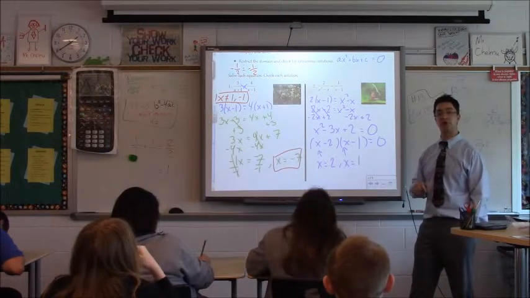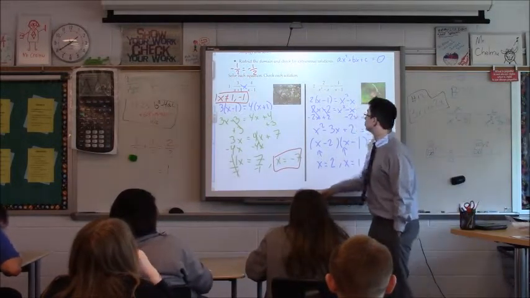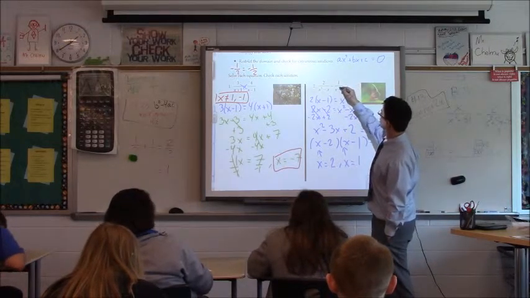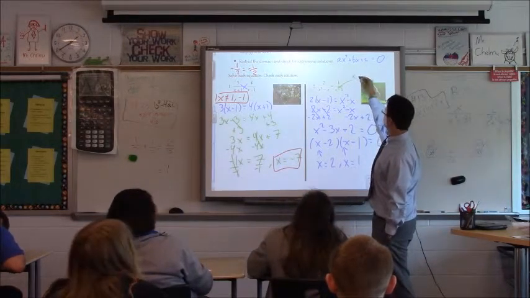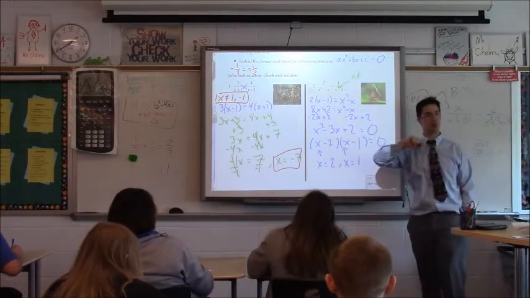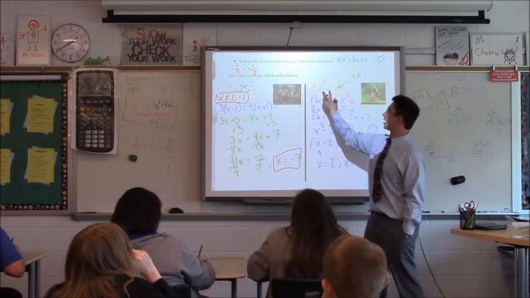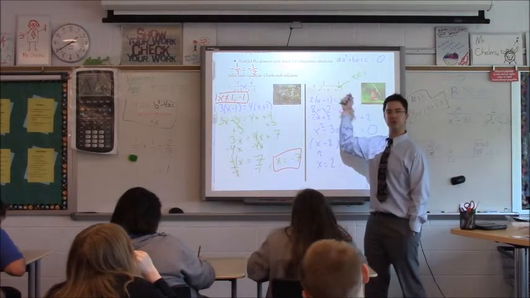Now we have to go back and look at the restrictions. When we look at the restrictions, let's first look at this x right here. What can this x not equal? 1. Good. Now, if we wanted to find the restrictions on x squared minus x, what would we have to do to that denominator?